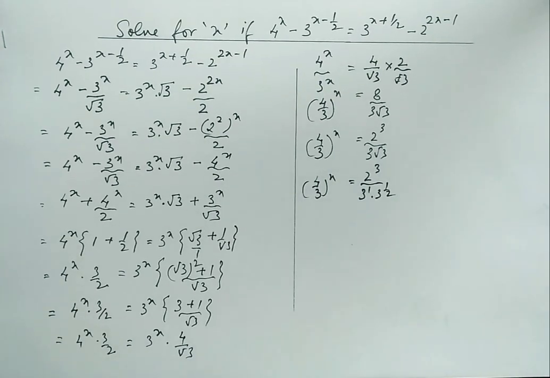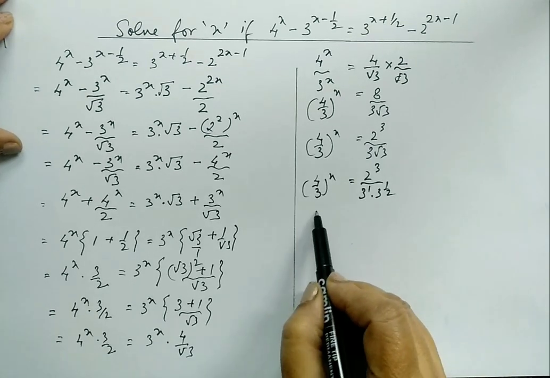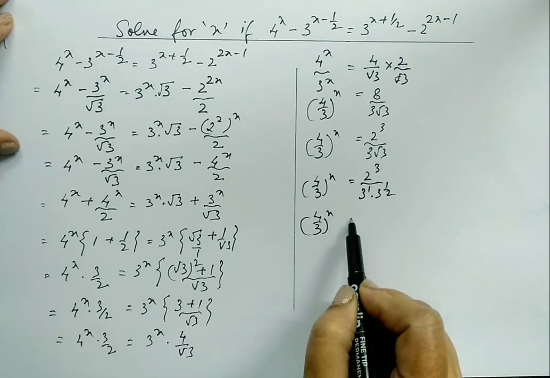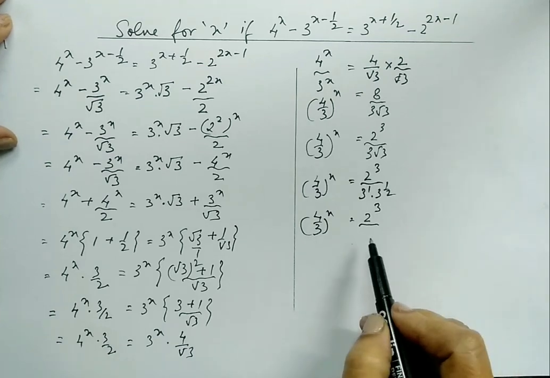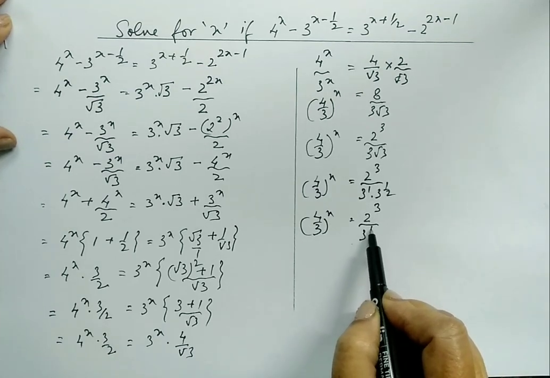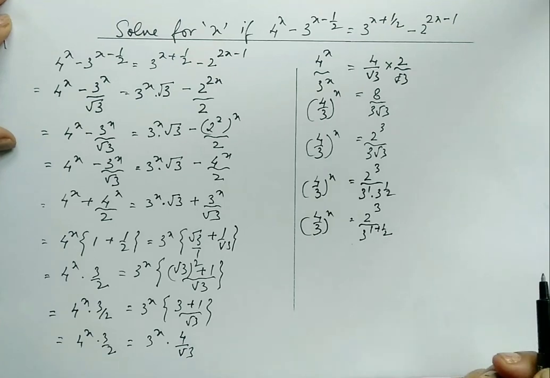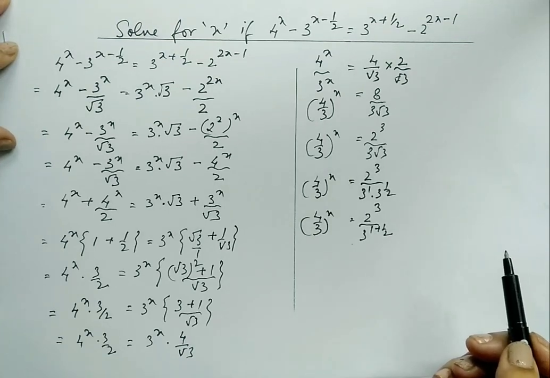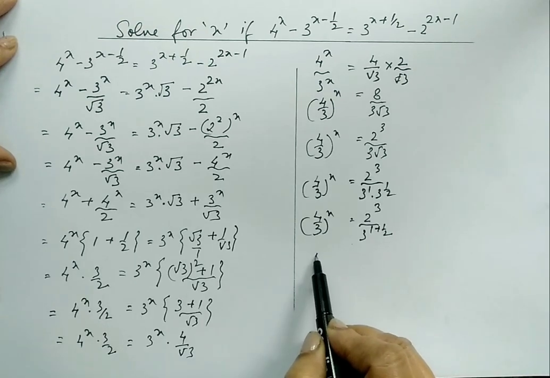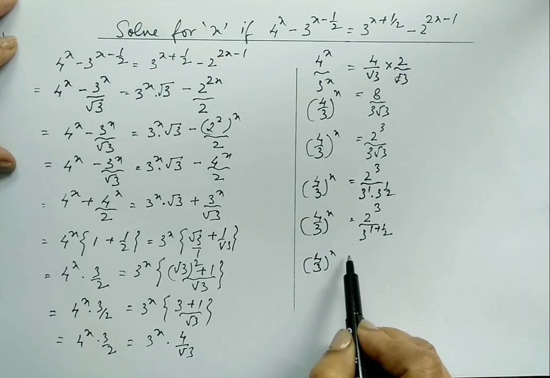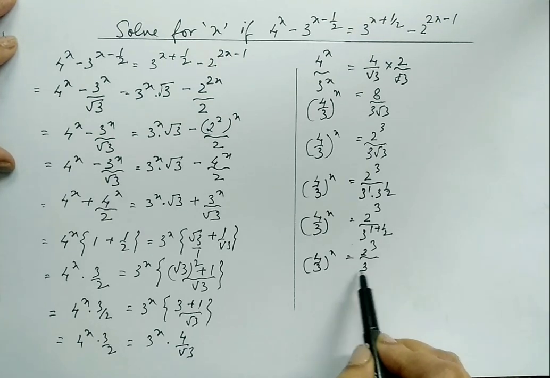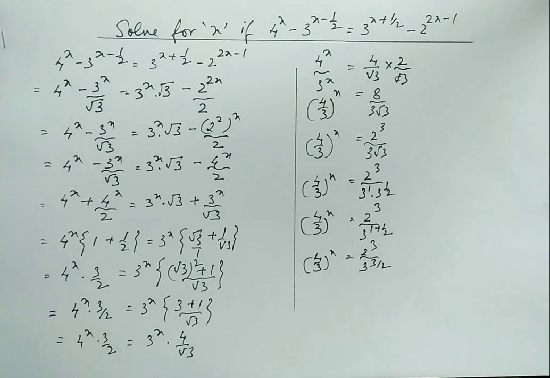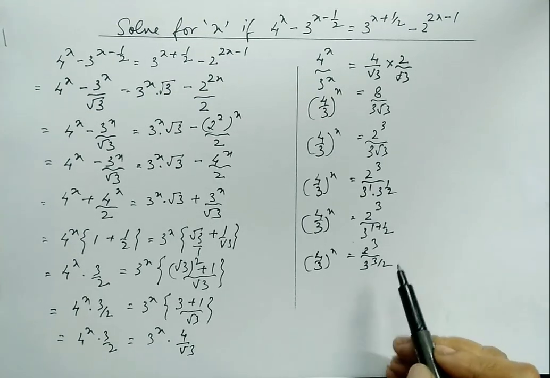Root 3 has a power of half, isn't it? So 2 to the power of 3, and 3 has a power of 1 plus half. So we have 2 to the power of 3, and this 3 has a power of 3 by 2. 1 plus half is 3 by 2.